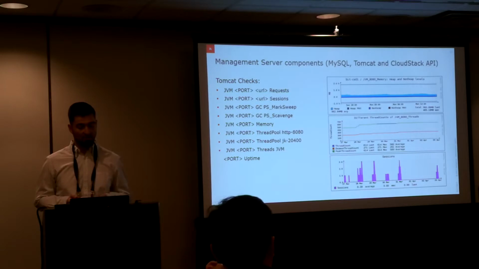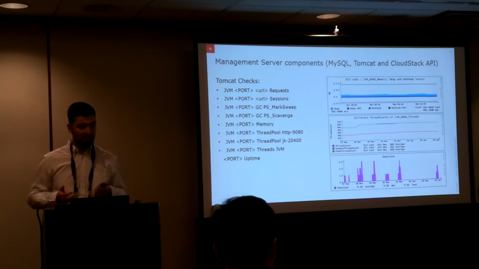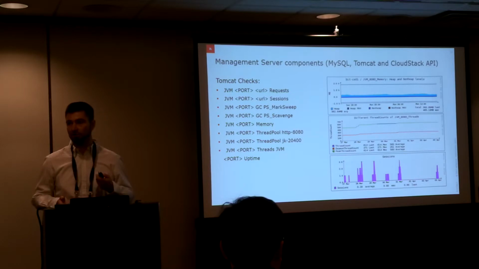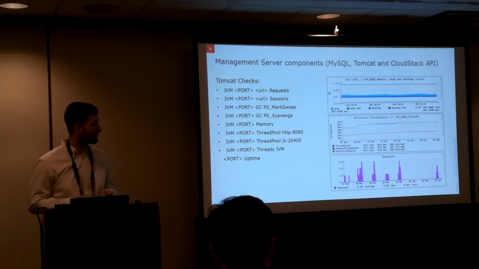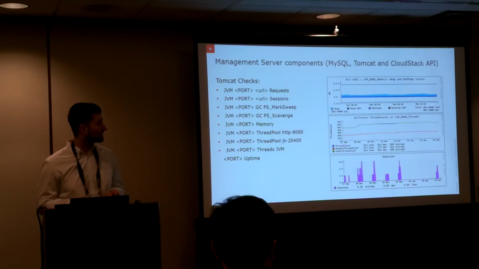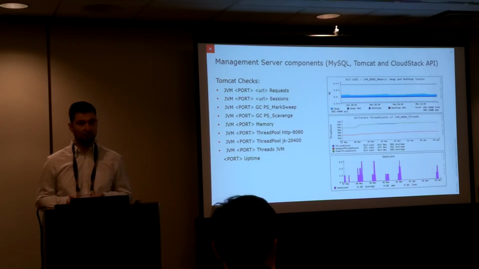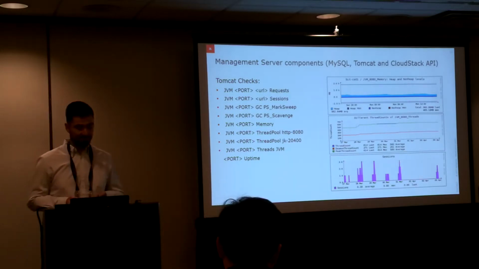You will get checks for scavenge, mark sweep, so for garbage collection. You will get the memory usage of the JVM processes, and also some thread pool checks are automatically detected. Of course, you have, again, the long-term data, so you can get an overview of maybe the last month or the last weeks.